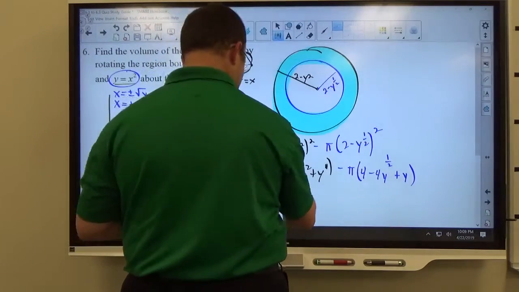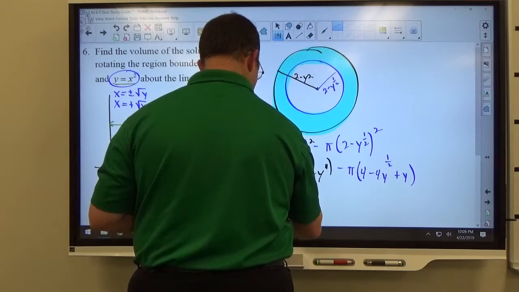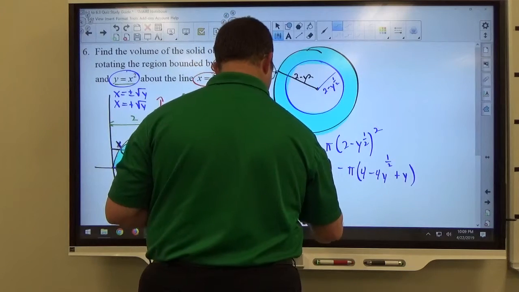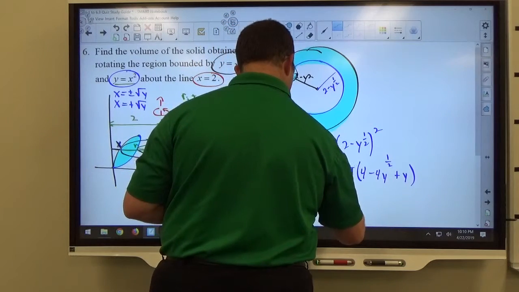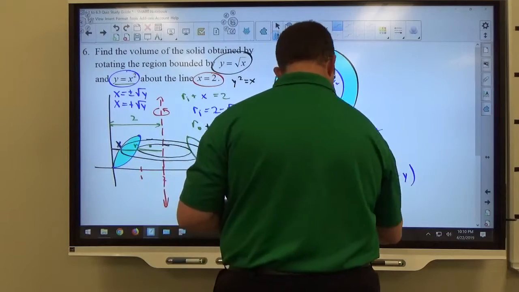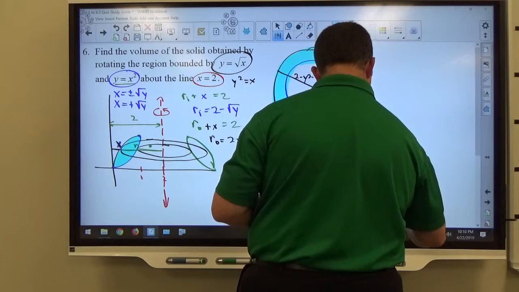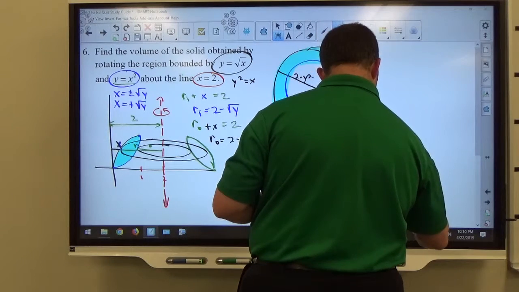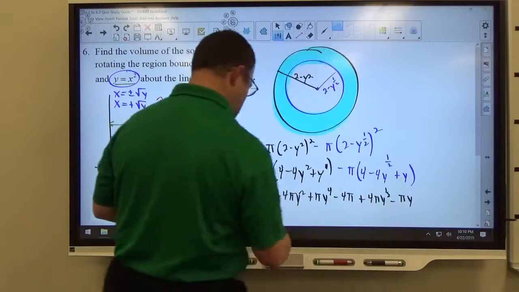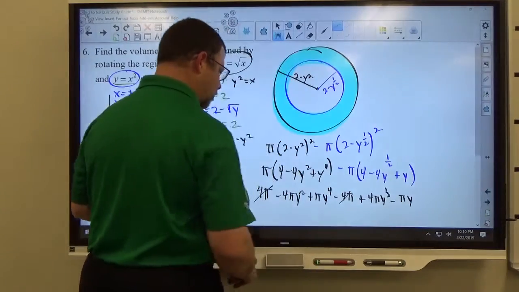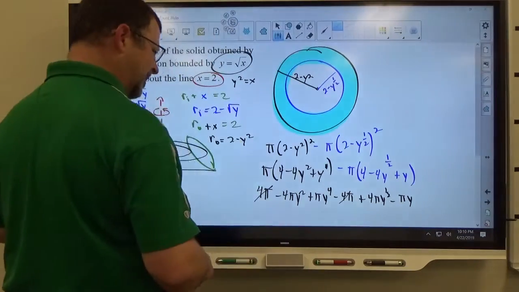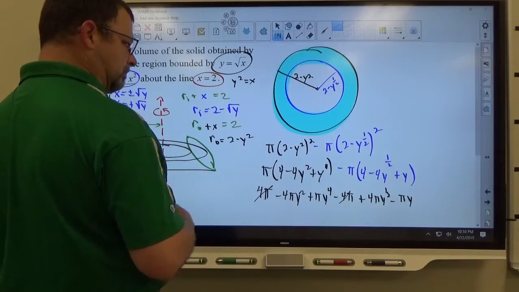I'm going to get a 4 pi minus 4 pi y squared plus pi y to the fourth minus 4 pi plus 4 pi y to the half minus pi y. 4 pi minus 4 pi cancels. No like terms beyond that.